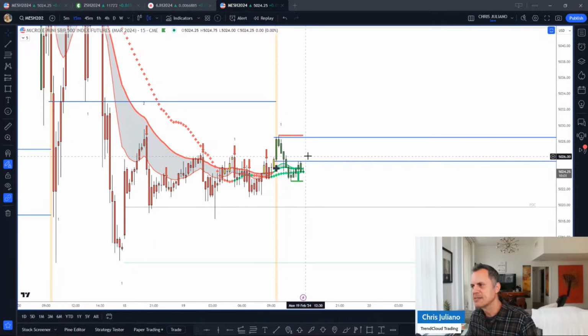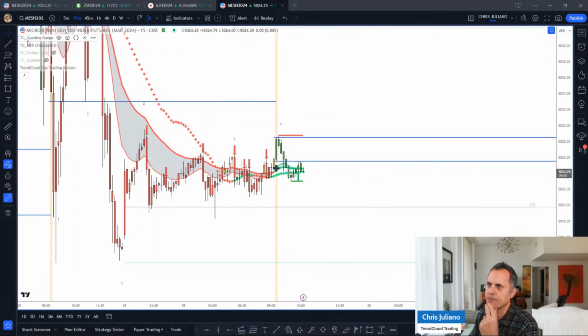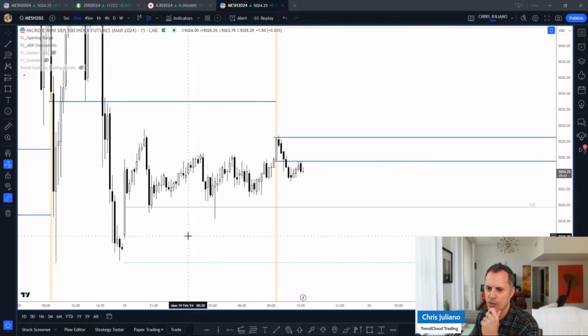So it makes sense that we saw a breakout to the downside on our opening range breakout. So it broke out to the downside, and now we're retesting the opening range.